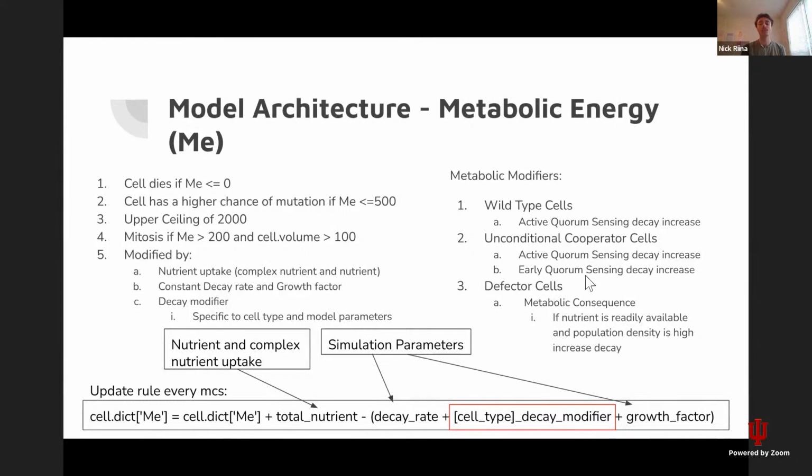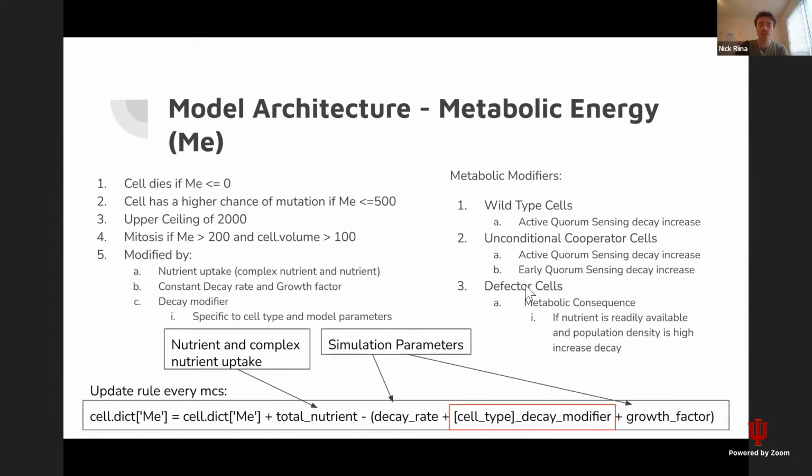Since they're always quorum sensing even before there's a metabolic improvement, we put in an additional penalty to the metabolic energy where it decays even faster if there aren't other cells secreting this autoinducer around them.